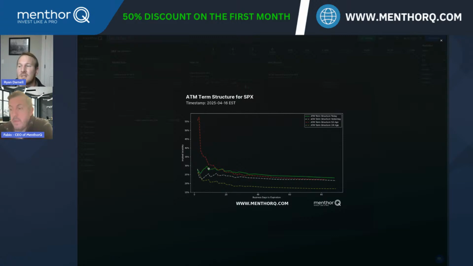So if your view is that we're going back to 1 week ago, you always have to marry the surface, and the surface is just the three-dimensional combination of these two. You can draw the term structure for every strike or delta point and a smile. If you just imagine a row of smiles, then it makes this 3D sheet, and we'll talk through the surface on the next one.